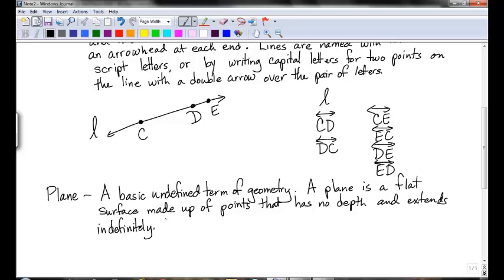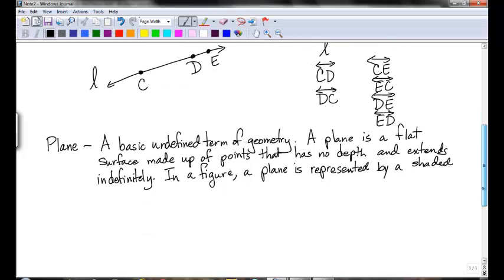In a figure, a plane is represented by a shaded or slanted figure.